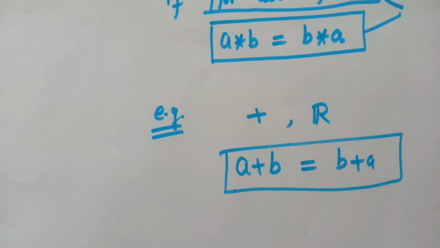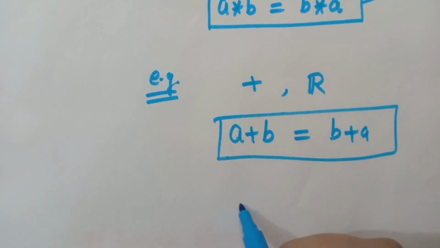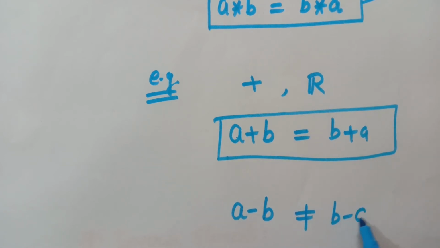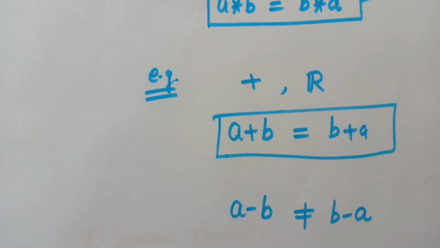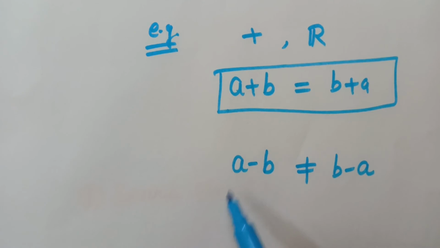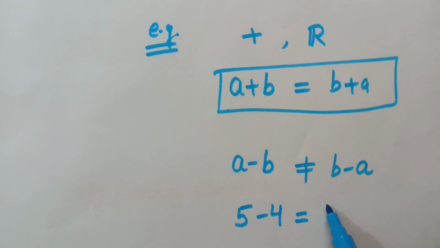But if we consider the subtraction operation, then A minus B would not be equal to B minus A. Therefore, subtraction is not commutative. If A and B are different, then clearly A minus B would not be equal to B minus A. For example, if I consider 5 and 4, then 5 minus 4 would be equal to 1.